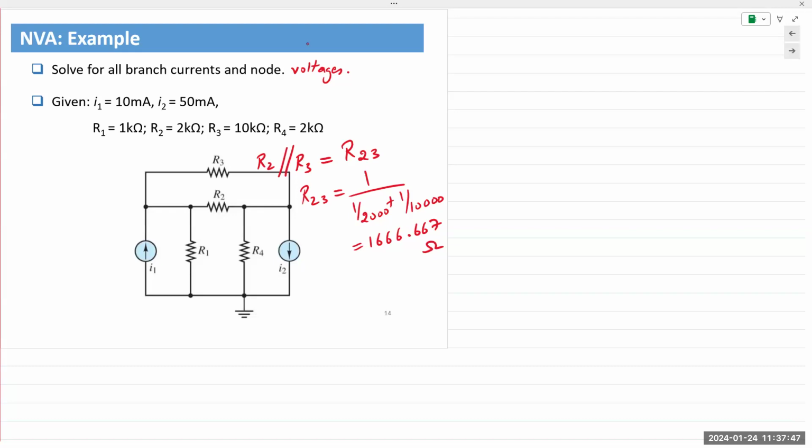Now, next step is to identify all the nodes in the circuit. So how many nodes do we see? Your options are 3, 4, 5, 6. No penalty for wrong guesses or wrong answers. So take a guess. 6? Anyone for 6? How about 5? Do I have 5? Okay.